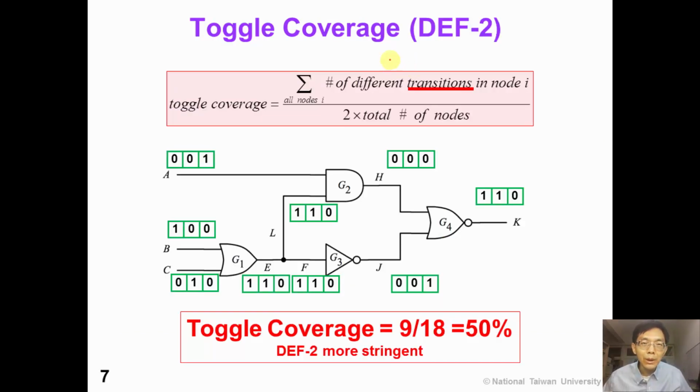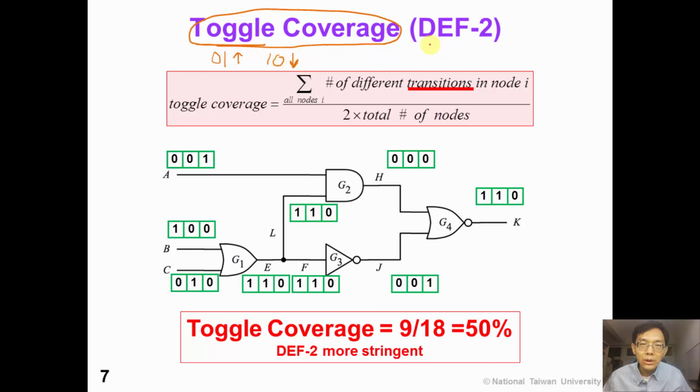Now, some people have a different definition for toggle coverage. They think toggle means a 0 to 1 rising transition and a 1 to 0 falling transition.